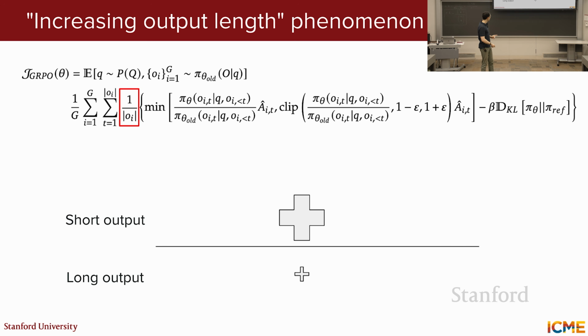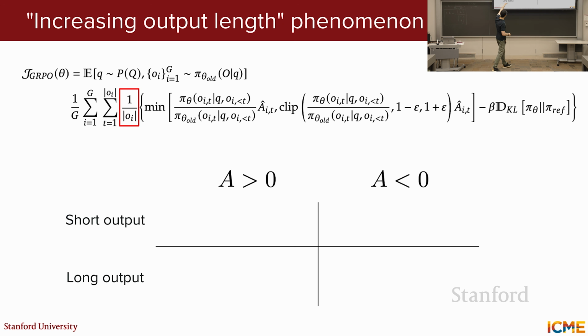Now, let's try to think about this in terms of the advantage. If a token is in an output whose advantage is positive, that means we would want to upweight the probability of this token happening again, much more for short sentences as opposed to longer ones.